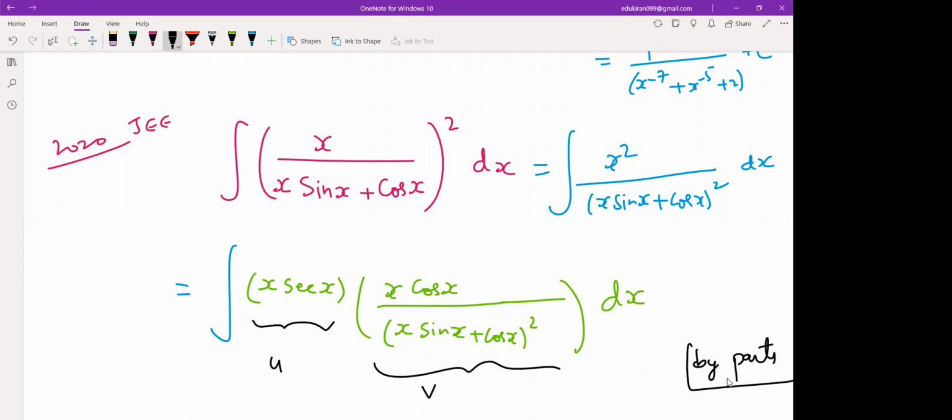Have you got the steps involved till here? Yes, sir.